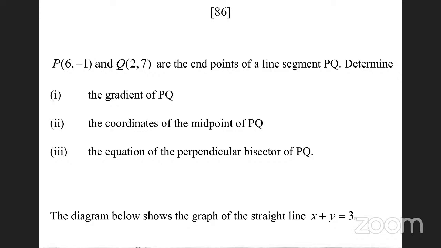Perpendicular means at 90 degrees. What does bisector mean? It goes through the middle. So in part 3, it's the line perpendicular to PQ, passing through the midpoint. Go ahead, I'll work it out just now.